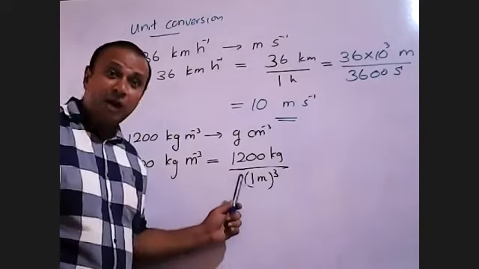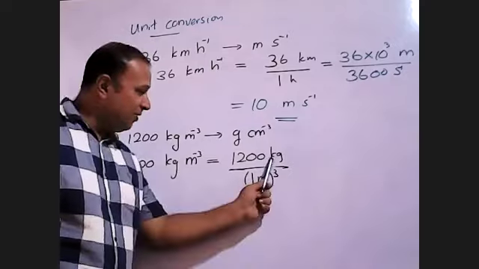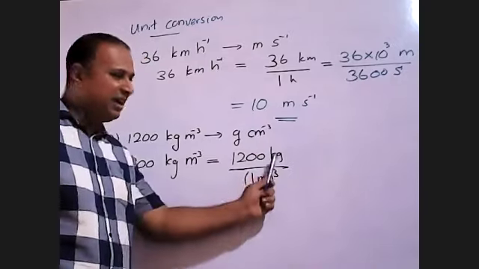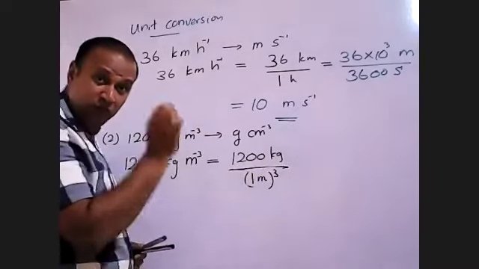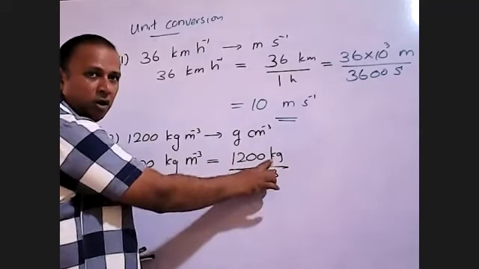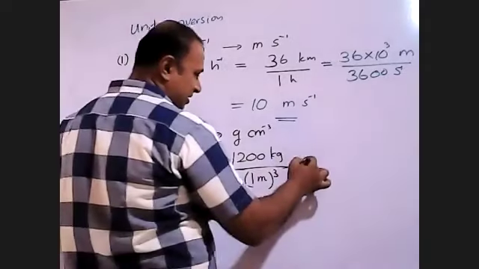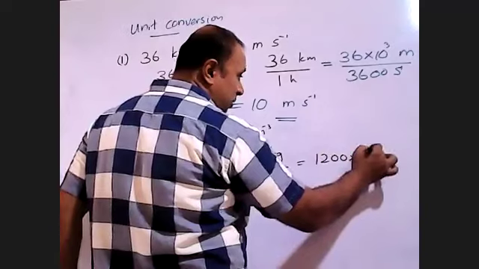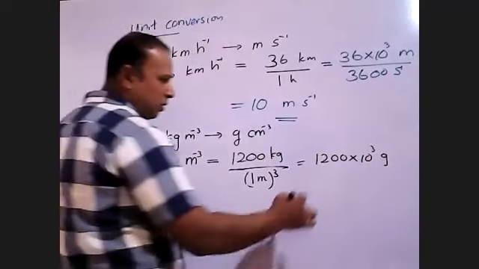Because now I can convert meter into centimeter, kilogram into gram. That is very easy. If you convert kilogram into gram, you have to remove kilo. To remove kilo, you have to multiply it by 10 to the power 3. Therefore, 1000, multiplied by 10 to the power 3 over.